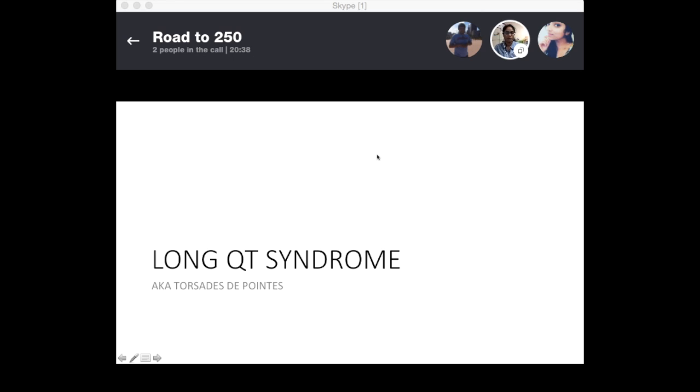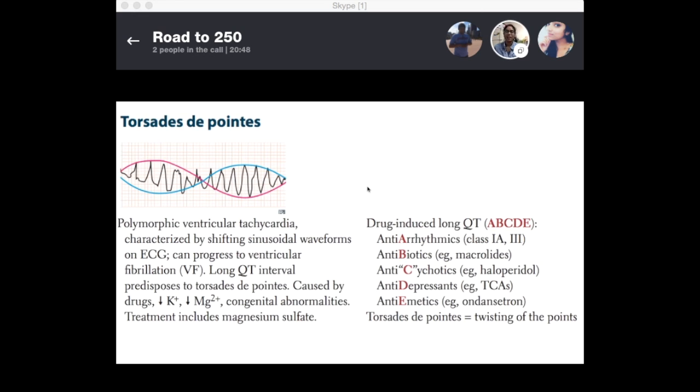Alrighty, so the next topic I'm going to talk about is long QT syndrome, also known as Torsades de Pointes. The English translation is actually twisting of the points, hence why we see shifting of sinusoidal waveforms on ECG.